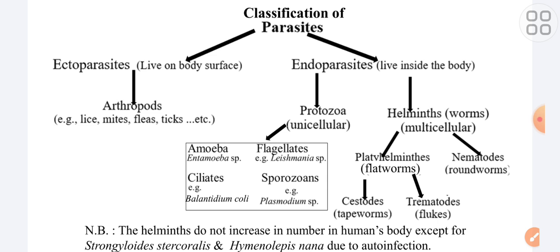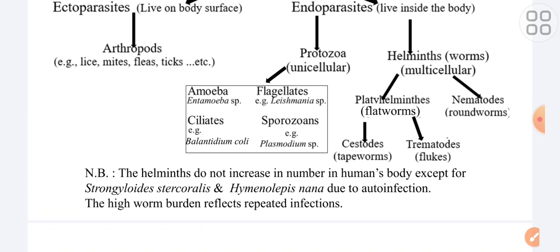The other may be flat, dorsoventrally flat, the flatworms. These are the platyhelminthes, further classified into cestodes, which are the tapeworms, and the trematodes, which are the leaf-like worms. The worm looks like the leaf of a tree.